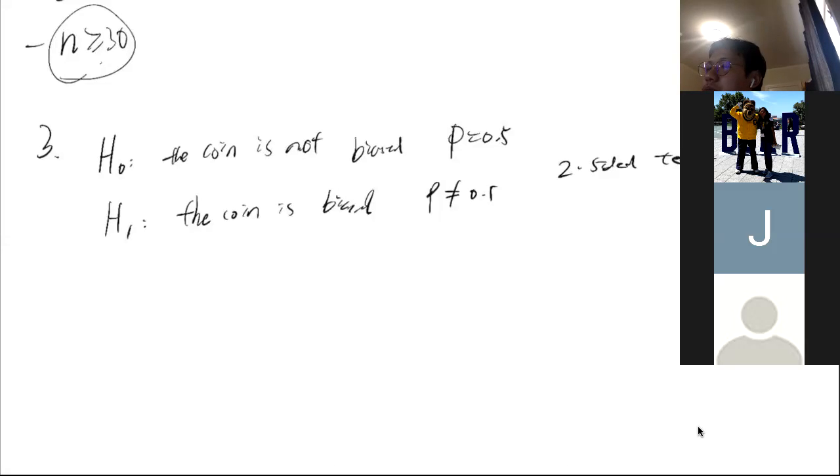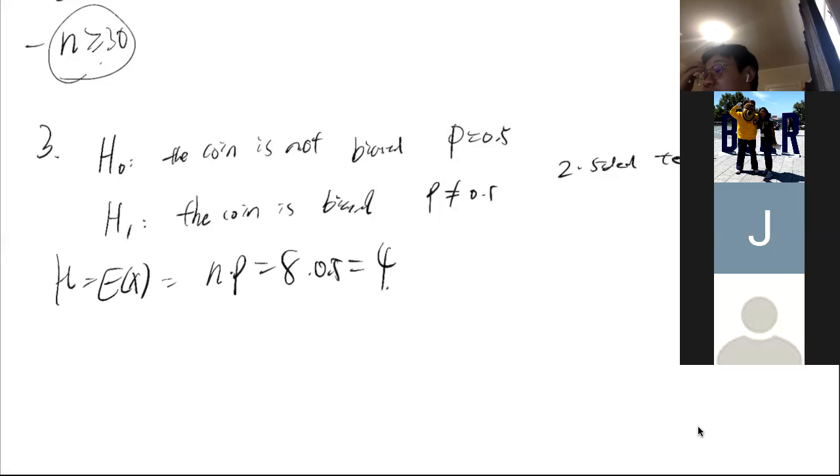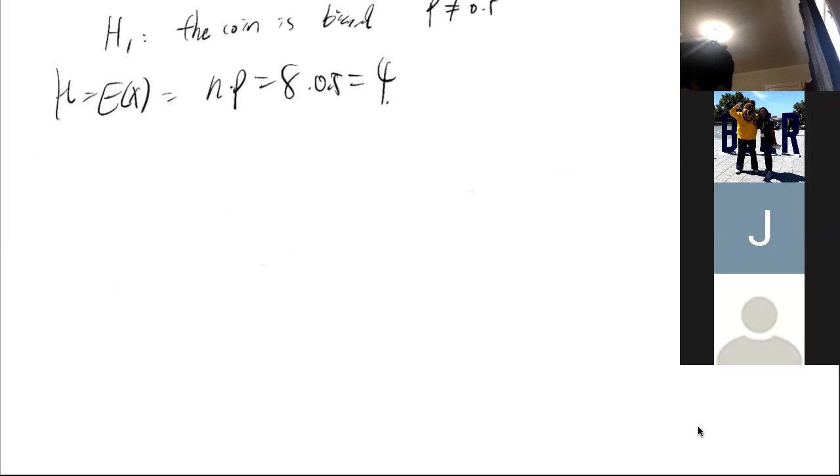Okay. So for this problem, we actually want to go into the actual definition of the p-value. Say we flip a coin 8 times. The expected value, which is also equal to the mean, is n times p, which is 8 times 0.5, so 4. On average, there will be 4 heads and 4 tails if we assume that our null hypothesis is correct. Then we want to calculate the p-value.